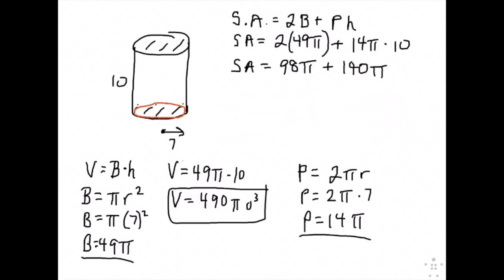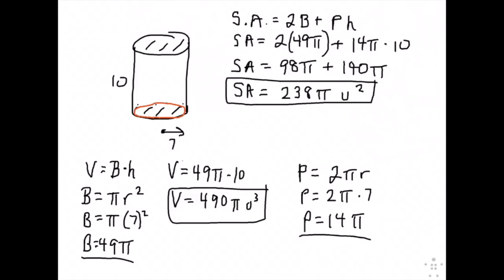And then we just need to add these, 140 pi plus 98 pi. So the surface area comes out to be 238 pi units squared. Remember, surface area is squared, volume is cubed.